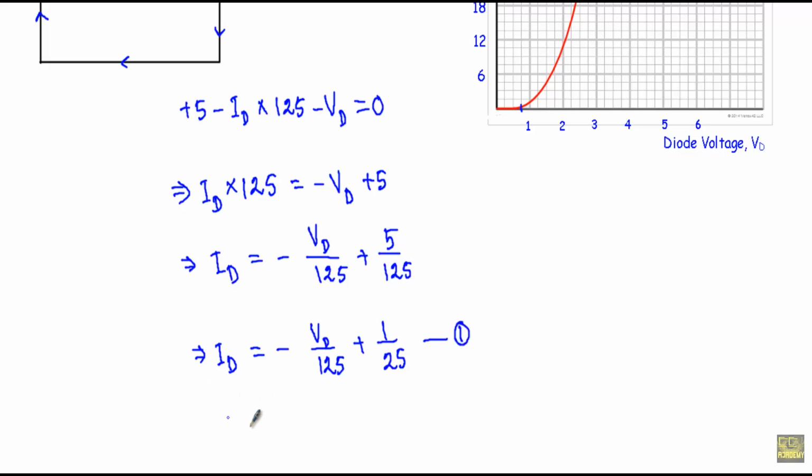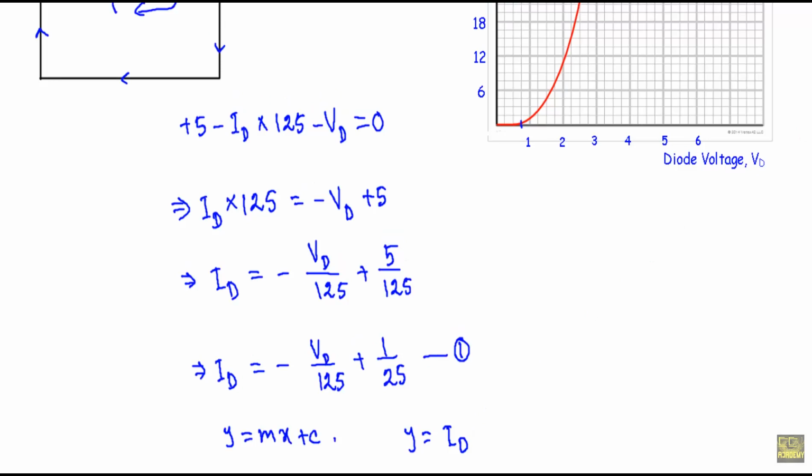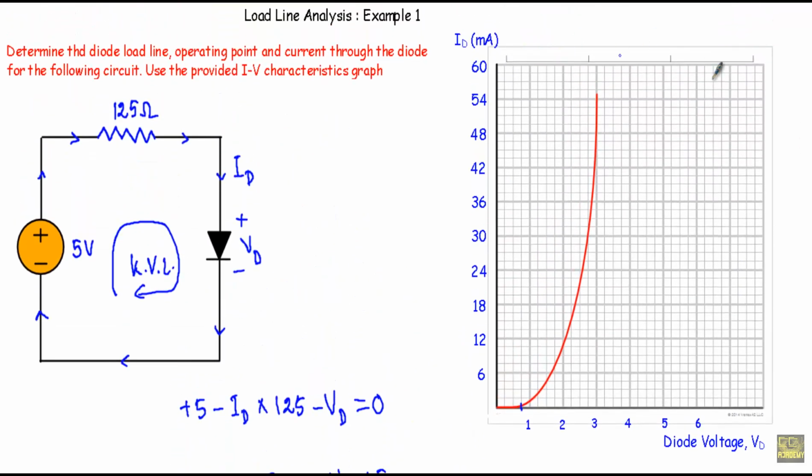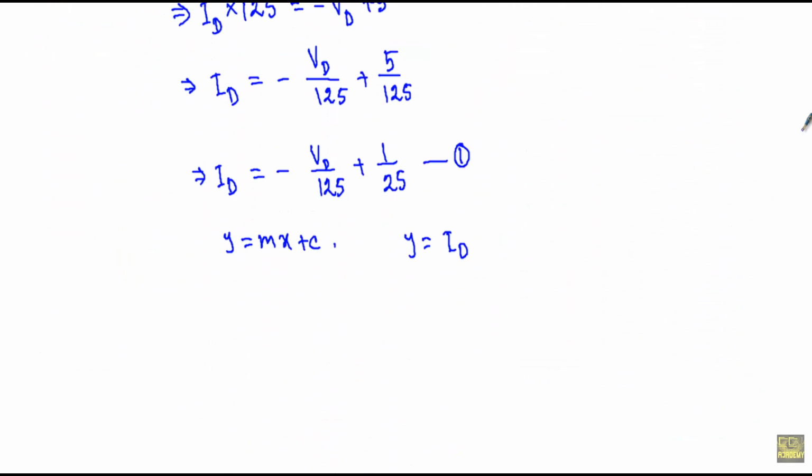If I compare this equation number 1 with an equation of straight line y equal to mx plus c, here you will see the y will be equal to ID. That means in the y-axis I will take the diode current. X will be equal to VD and the slope of the equation will be minus 1 by 125. See, the slope of the load line is negative.